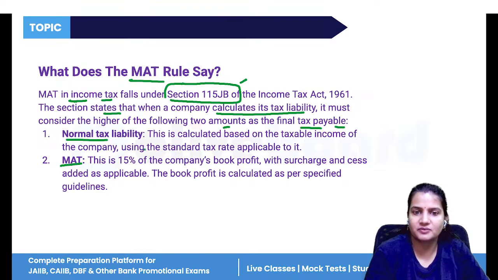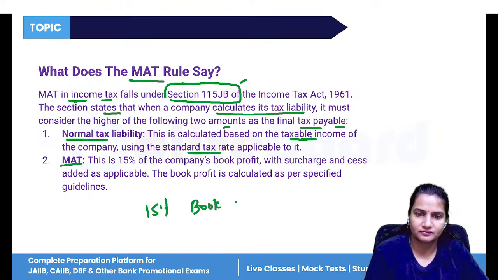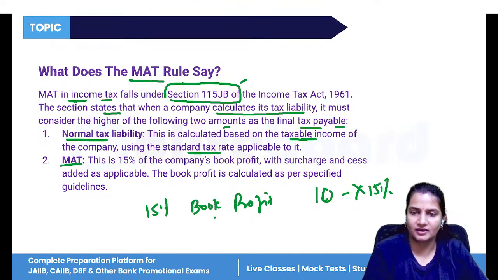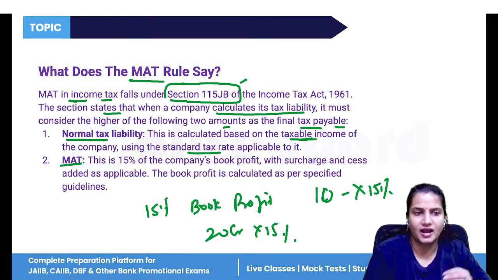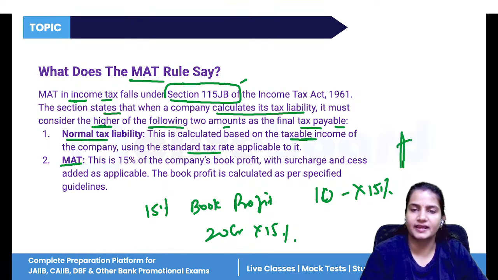Normal tax liability is calculated on the taxable income, the standard tax, and MAT is 15% of your book profit. If your book profit is 10 lakhs, you pay 15% of 10 lakhs. If your book profit is 20 crore, you pay 15% of 20 crore. Whichever amount is higher, the government will take that amount.